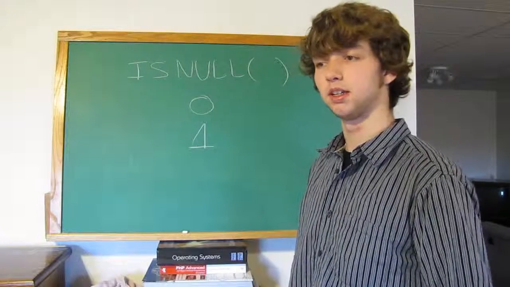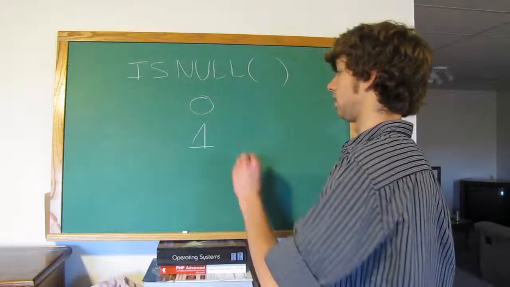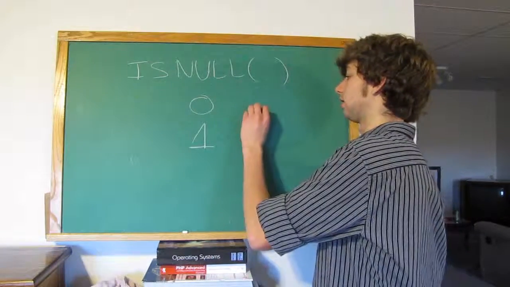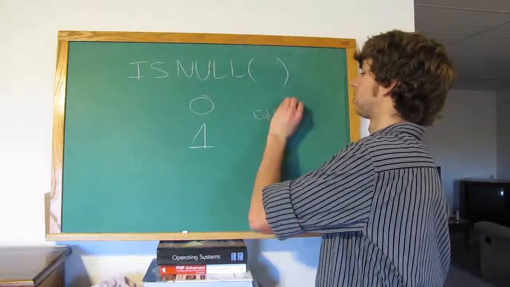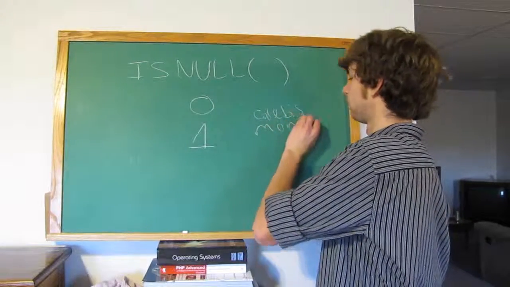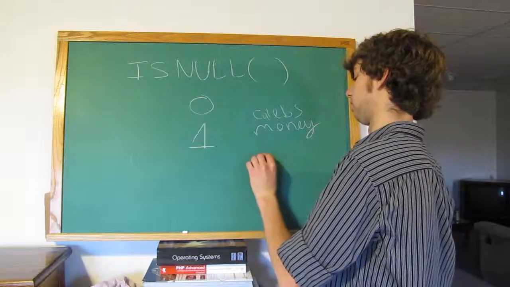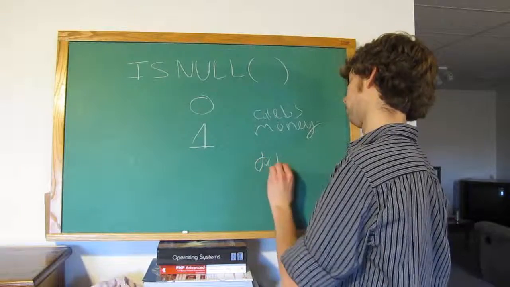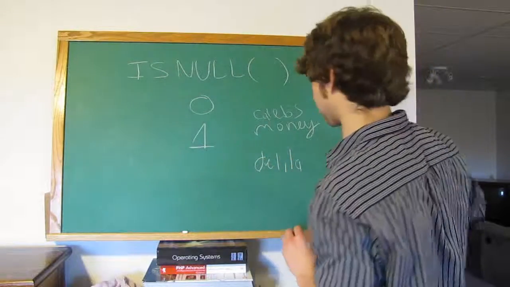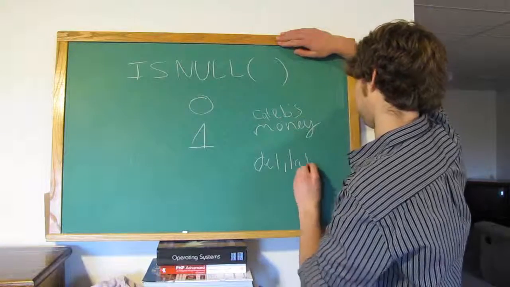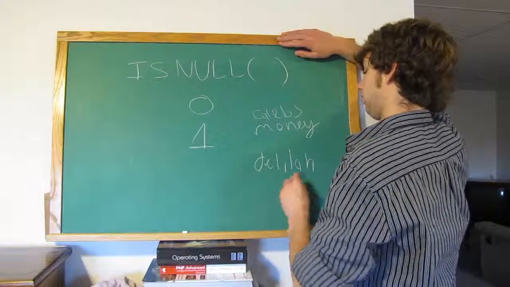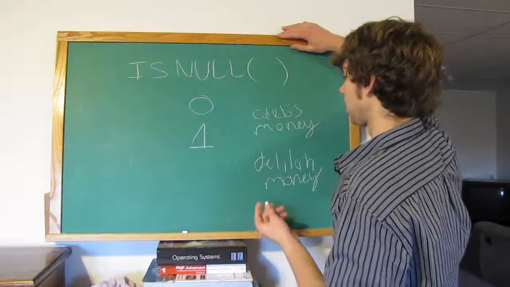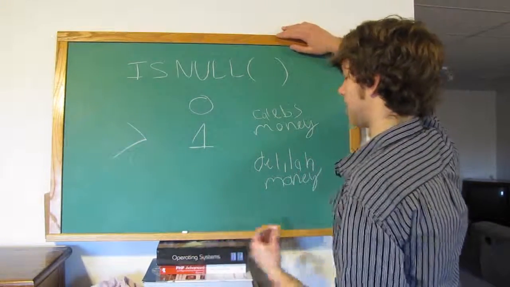For example, I can test something within this, say, for a bank system, Caleb's money versus Delilah's money. This is just an example. So I could say Caleb's money is greater than Delilah's money.